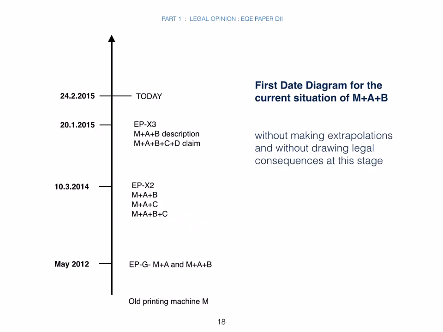Here then are the facts for M plus A plus B in date order. I left out EPX1 and EPZ. If you do a bigger date diagram, you can of course include these.